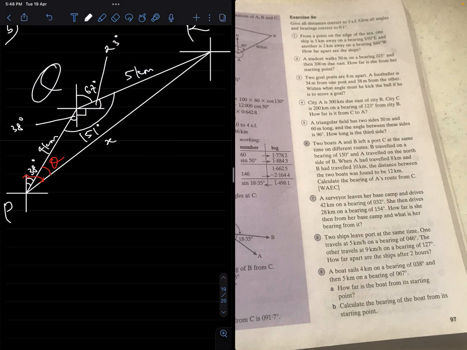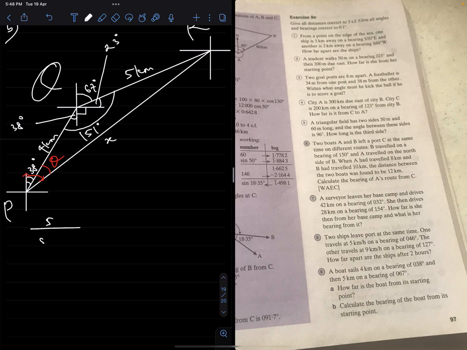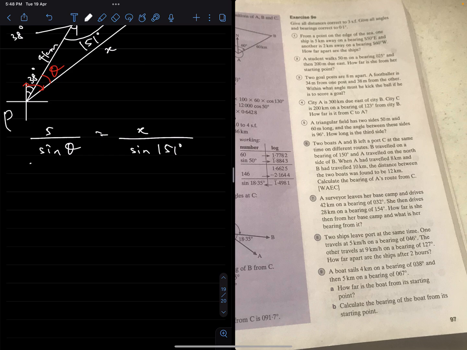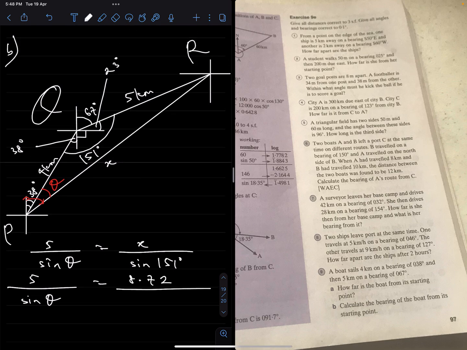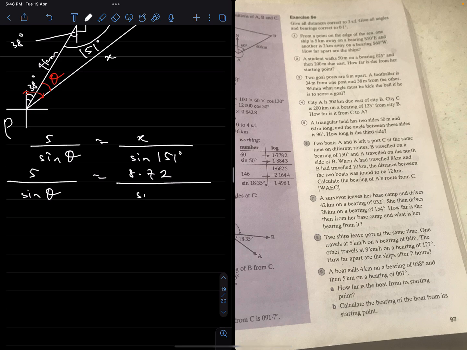So let's go. 5 over sine theta equals x over sine 151 degrees, which simply means 5 over sine theta equals 8.72 kilometers all over sine 151 degrees.